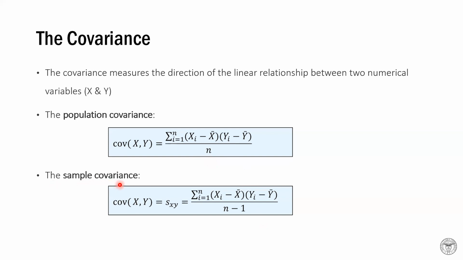If we compute the sample covariance, then we have COV of x and y equal to s sub x, y equal to the summation from i equal to 1 to n of x sub i minus x bar times y sub i minus y bar over n minus 1.